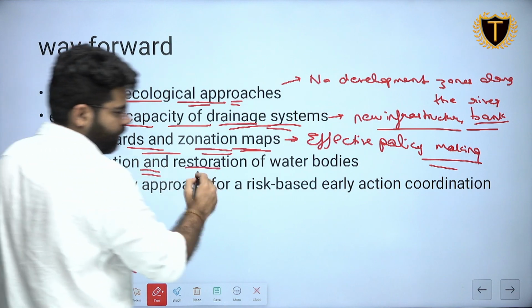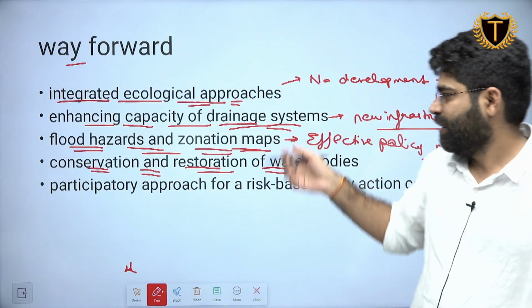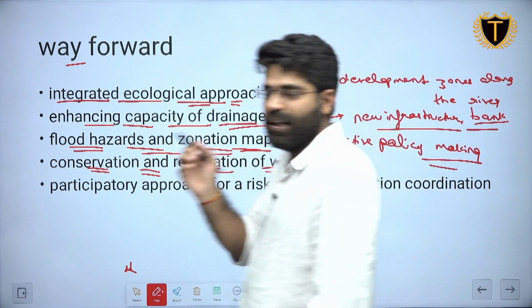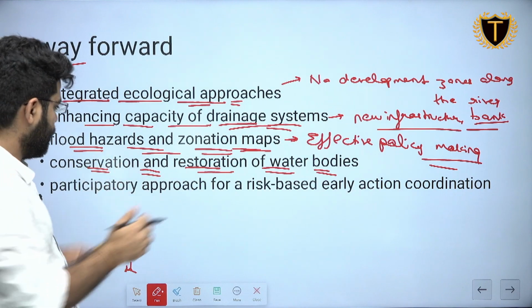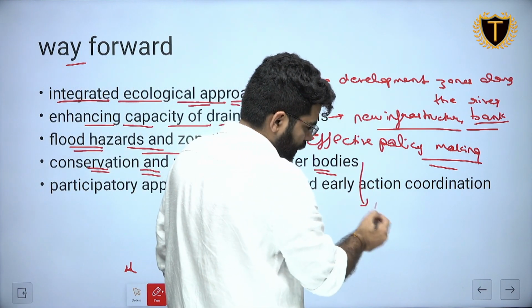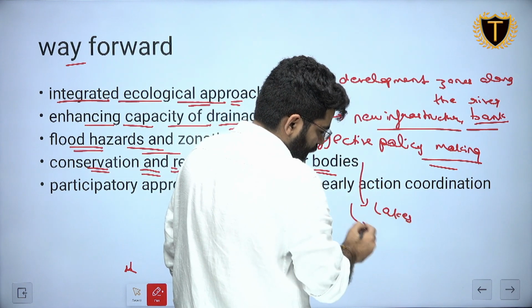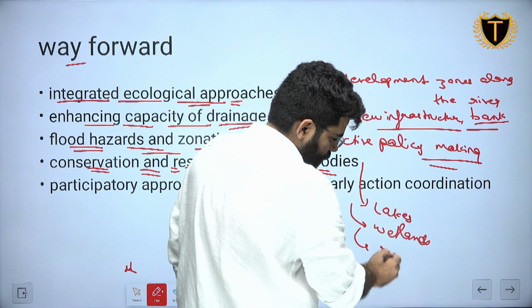Now we have conservation and restoration of water bodies. See, this is the most important thing to do to minimize the possibility of an urban flood taking place. Clear? Conservation and restoration of water bodies, and in this come lakes, wetlands, reservoirs.